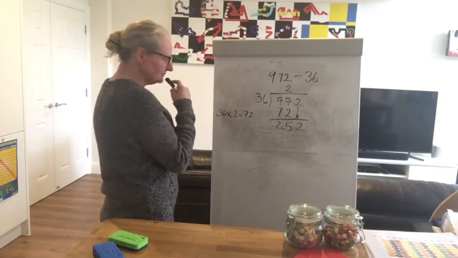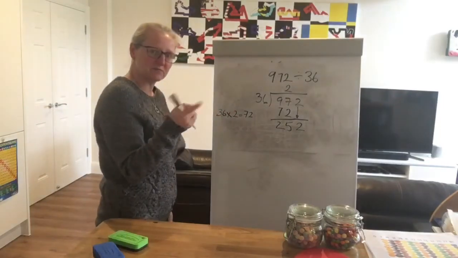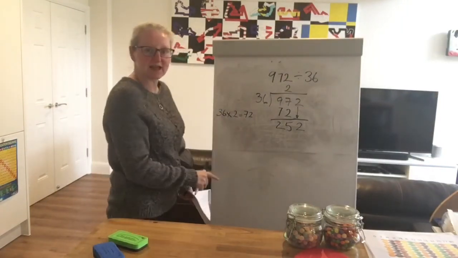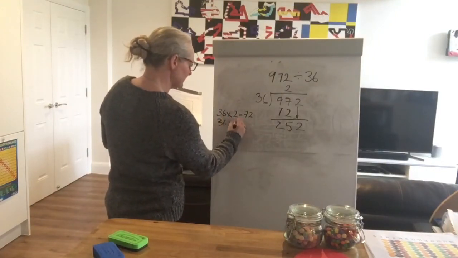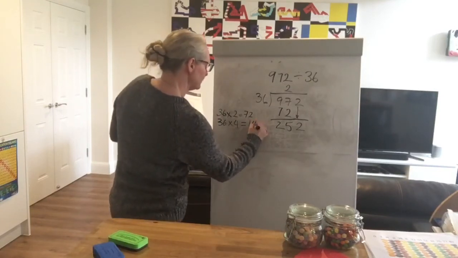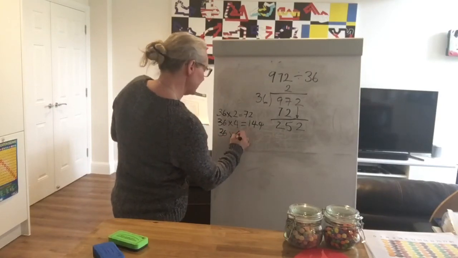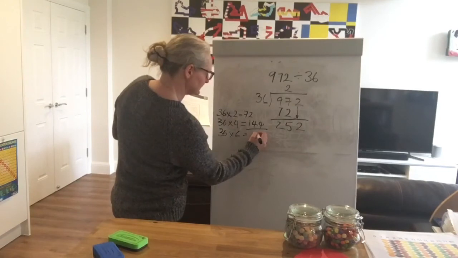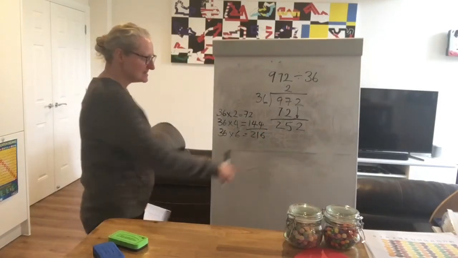Clearly it's not quite 10 because 10 would be 360, which I can do in my head. So I need to double to get closer to the answer. 36 times 4 is 72 doubled, which is 144. 36 times 6, I'm just going to add those both together and I get 216.